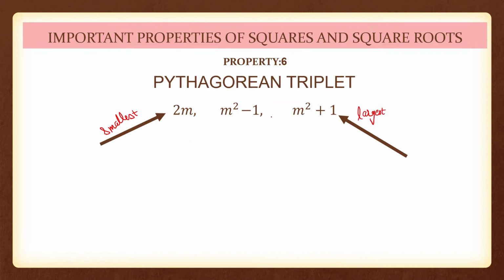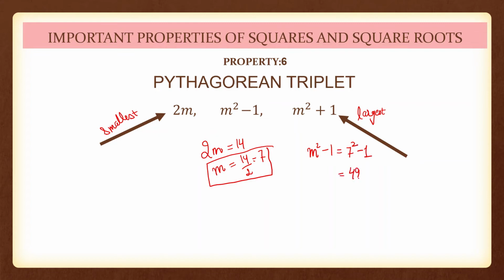Now if you take the example where 2m is equal to 14, with the help of this information you can easily find out the value of the other two members. After solving this equation, m is equal to 7. Now if m is 7, m square minus 1 will give you 7 square minus 1, 49 minus 1, which is equal to 48.